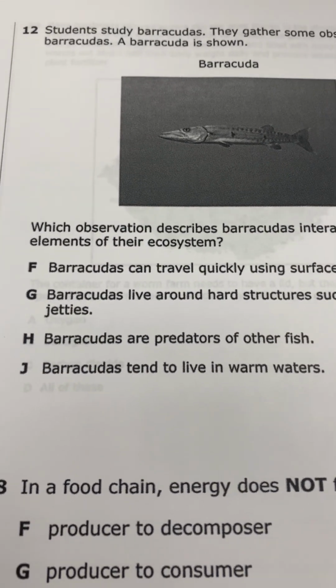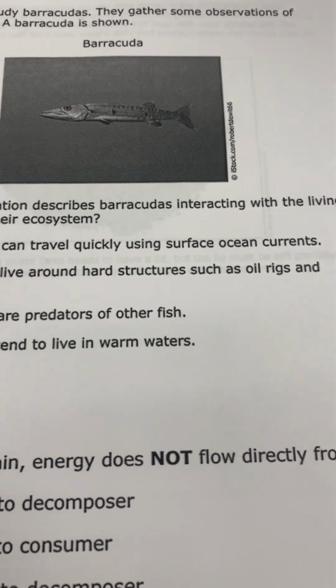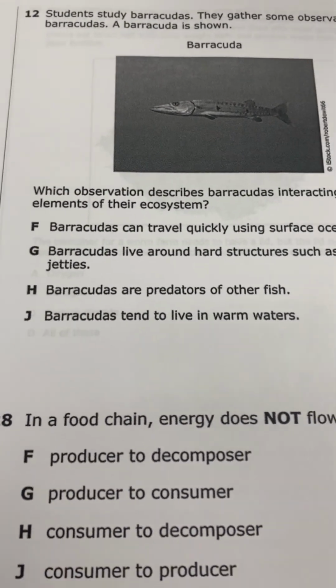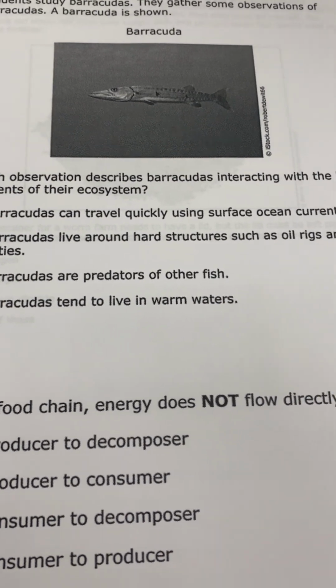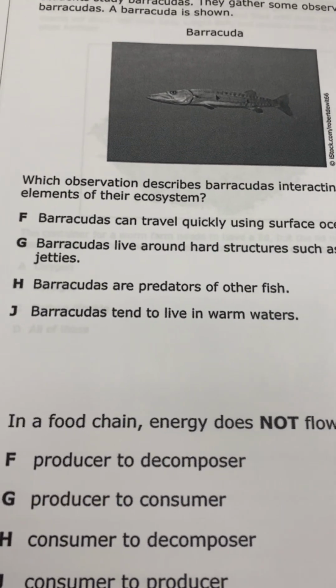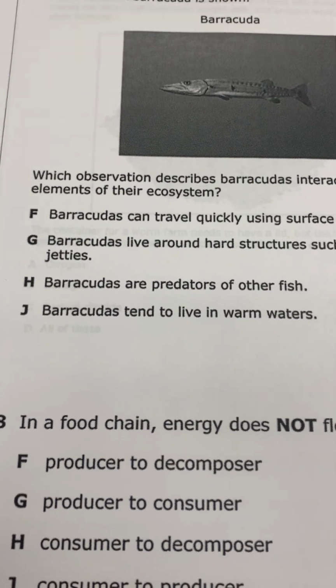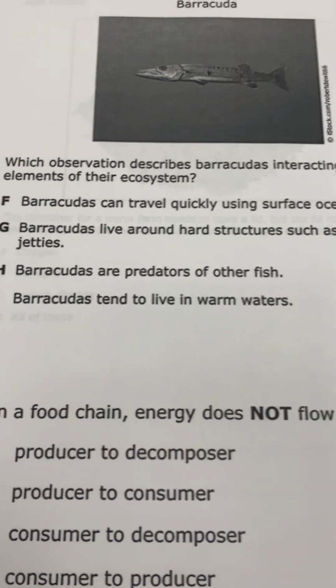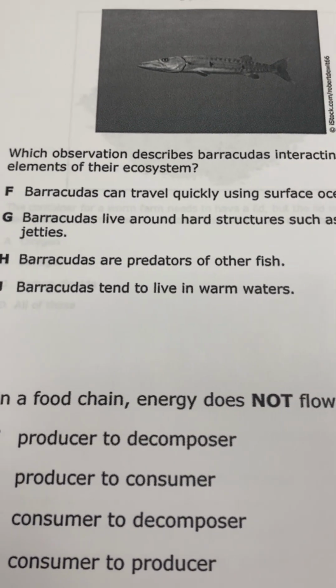Is it F, barracudas can travel quickly using surface ocean currents? Is it G, barracudas live around hard structures such as oil rigs and jetties? Is it H, barracudas are predators of other fish? Is it J, barracudas tend to live in warm waters?